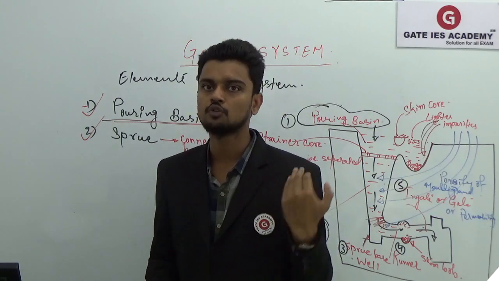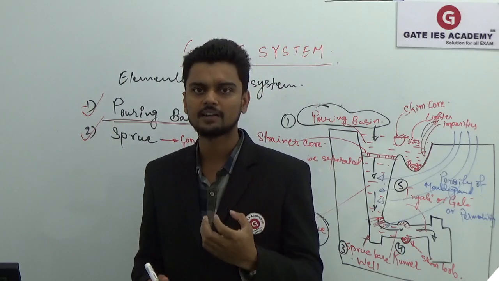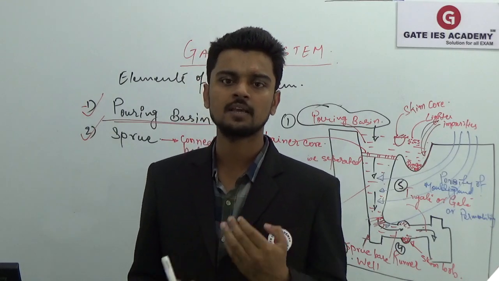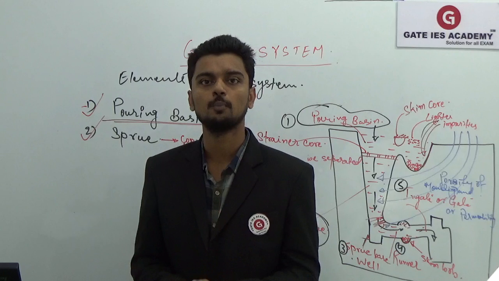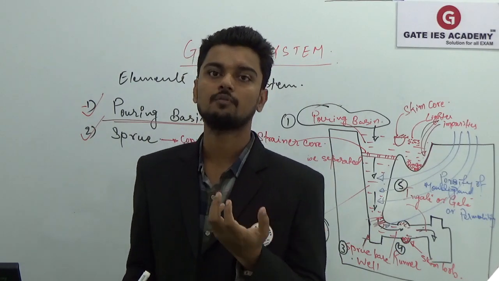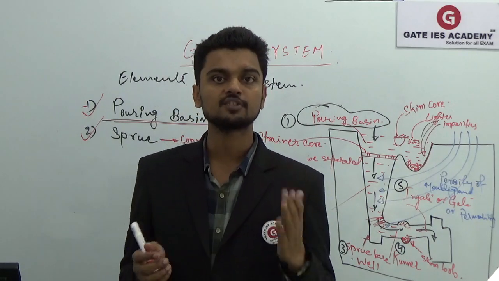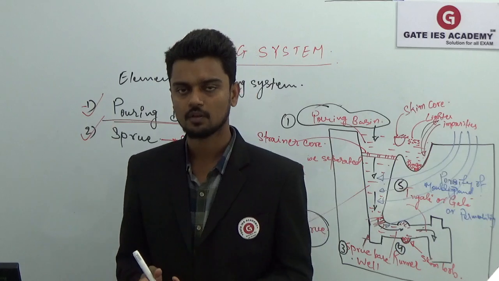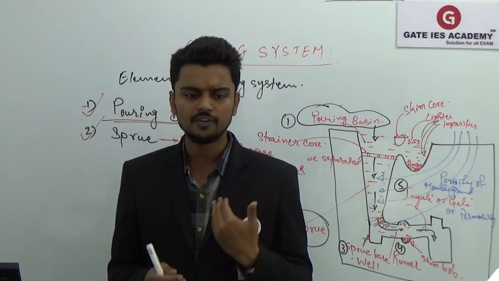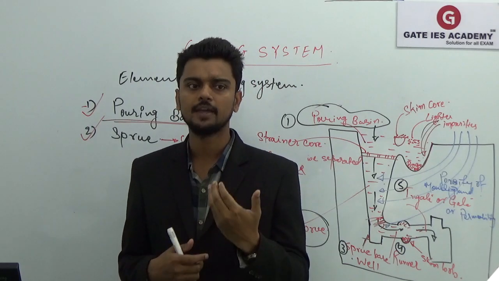So if we do not have the sprue base well, obviously this molten metal with very high velocity will cause sand erosion at that sprue base. So there we have the sprue base well in order to avoid the sand erosion. Then we saw the runner. It's a connecting passage between your sprue and the in-gate. Obviously it is used to avoid sand erosion, and its shape should be uniform.